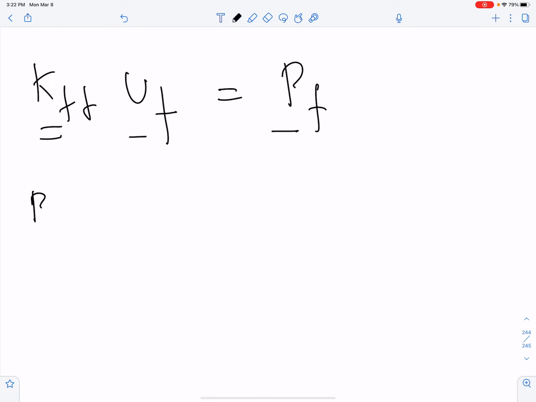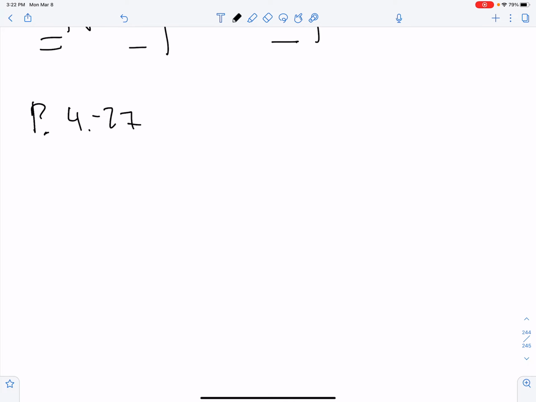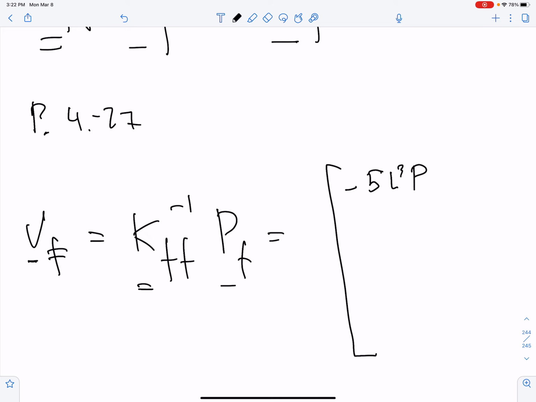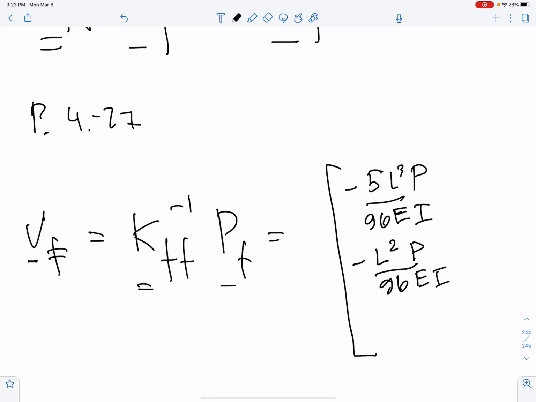If you look at page 427, you're going to find that under these loading conditions, UF is KFF inverse times PF, which becomes the following: minus 5 L cubed P over 96 EI, minus L squared P over 96 EI, and then L squared P over 24 EI.